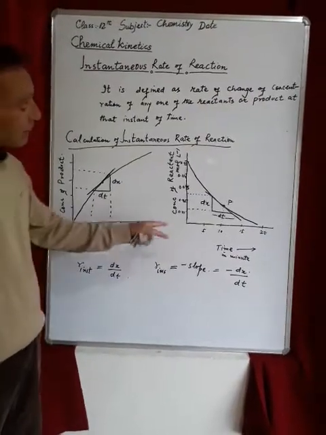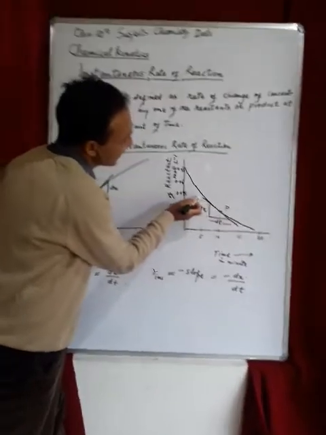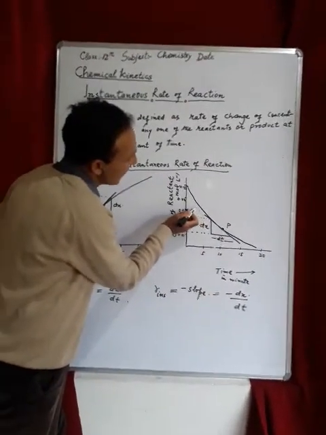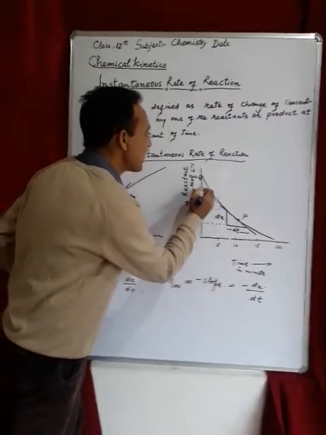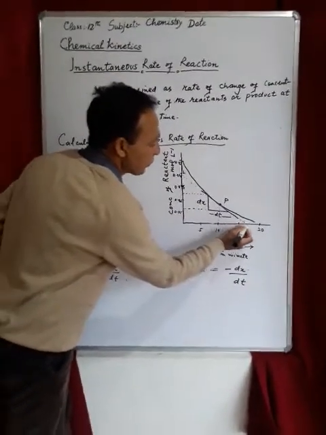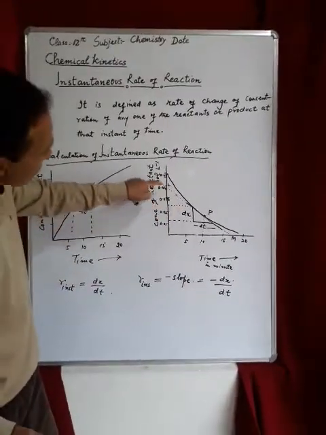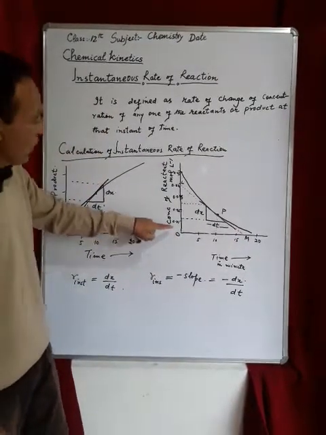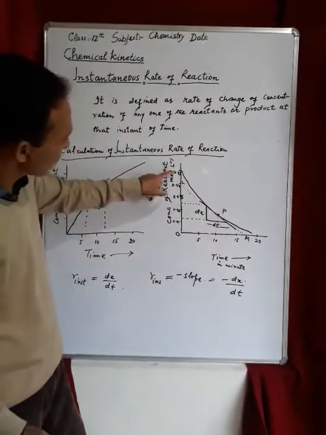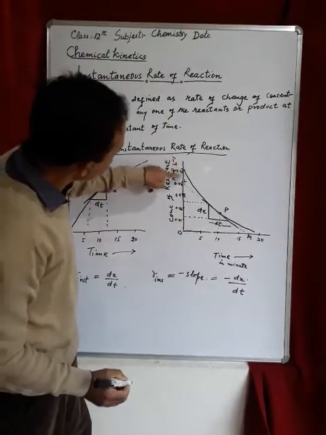Another way to calculate this is that we produce the tangent so that it intersects the axes at, say, L and M. This is the origin, and the intercept on the y-axis is OL.